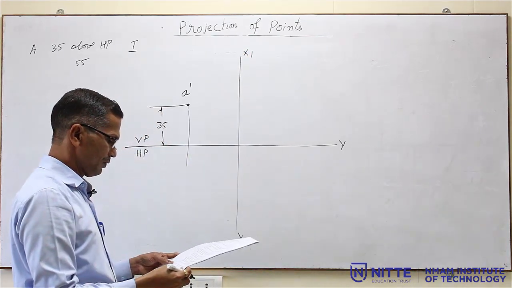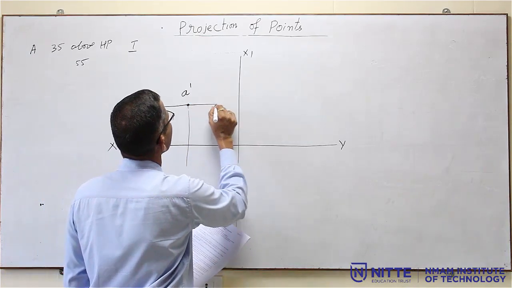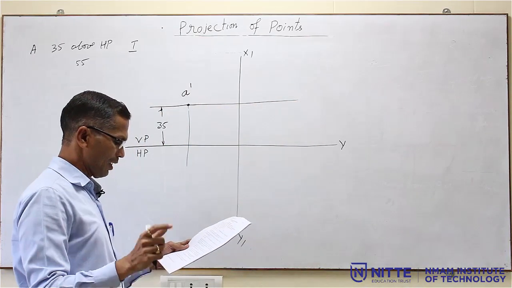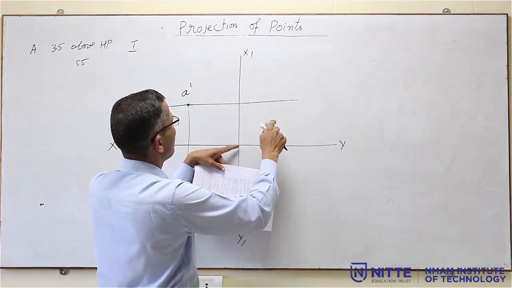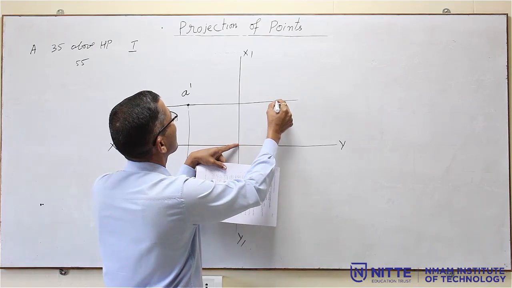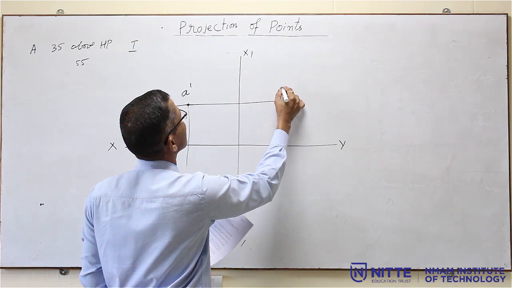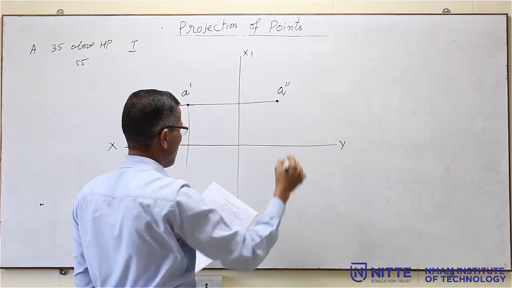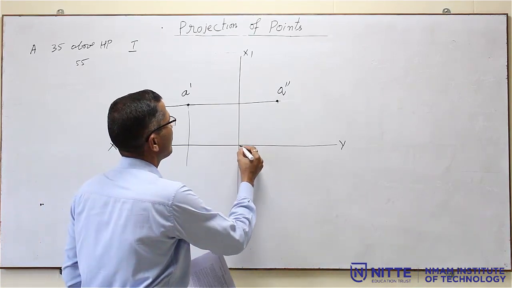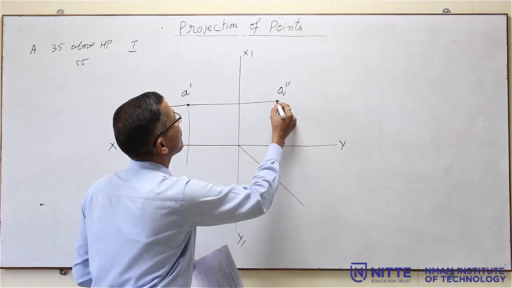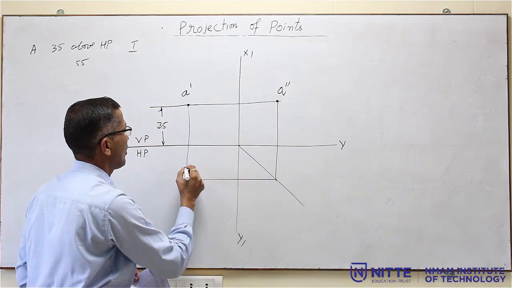X1 y1, then you extend like this and take the compass with a radius of 55 millimeter, and from the intersection point cut it and mark that point. Call this A double dash, and draw the 45 degree line, project it down and project towards the top view.